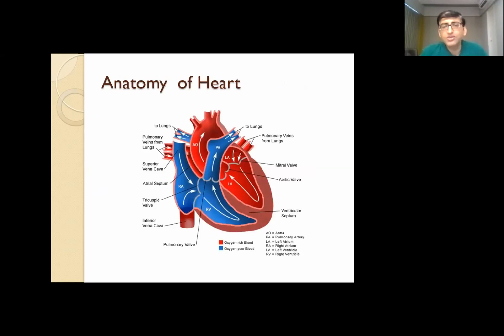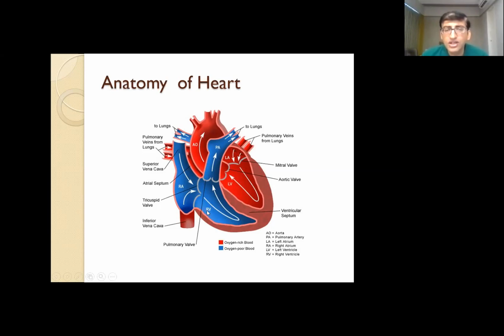So coming to the anatomy of the heart, I have taken a few slides because we have residents also in the meeting. The heart consists of 4 chambers, 2 upper and 2 lower. The right atrium receives deoxygenated blood from the superior vena cava and the inferior vena cava, and the blood is poured into the right ventricle.